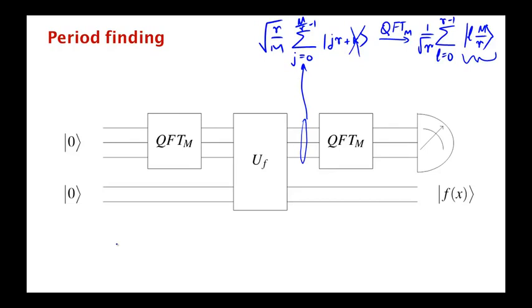So we see some s times m over r, where s is a random number between 0 and r minus 1. So now, what are we going to do? How do we figure out m over r from this random multiple of m over r?